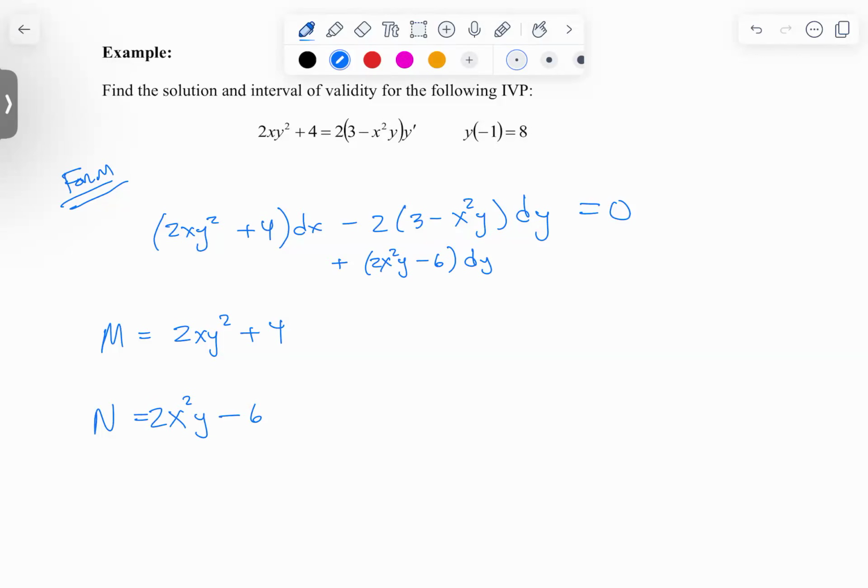And then, once I have that, test for exactness. Take the partials with respect to y and x. And oh look, 4xy, 4xy.